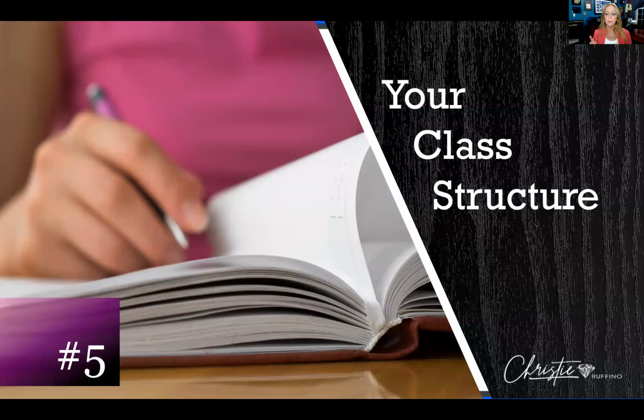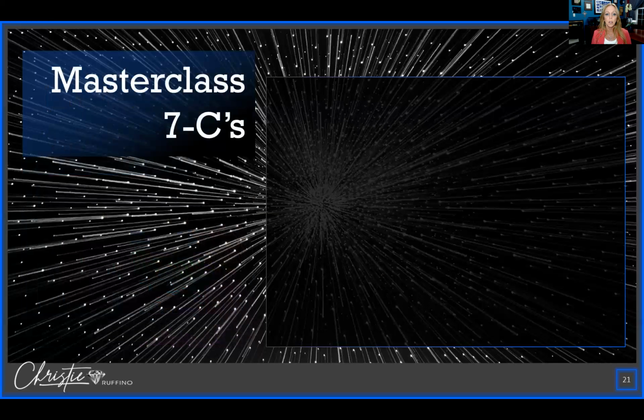Okay, tip number 5. Your class structure. This is really important. And I'm going to go through my 7 C's to create a really compelling masterclass. So this is basically how you outline your presentation. There's a formula that you do it in a way that's going to take your audience through a certain journey.